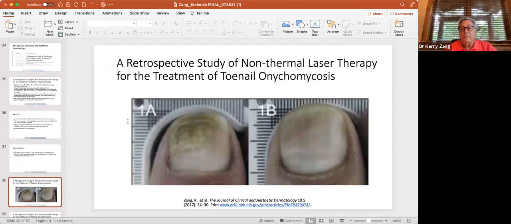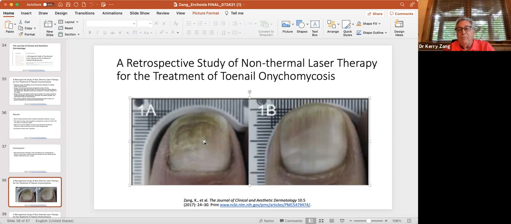So when we're looking at this study, you can look at the circle here, and you can see another distinct line over here and another one down here. When you look at that, you see how quickly the nail grows. This is when the first laser treatment was administered. The second laser treatment was down around here.